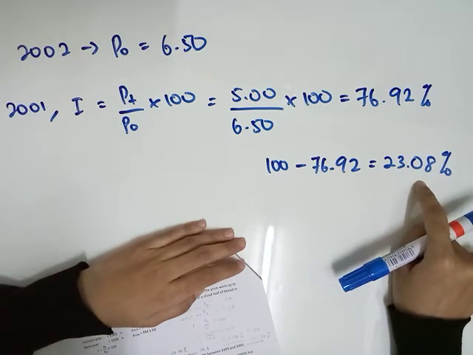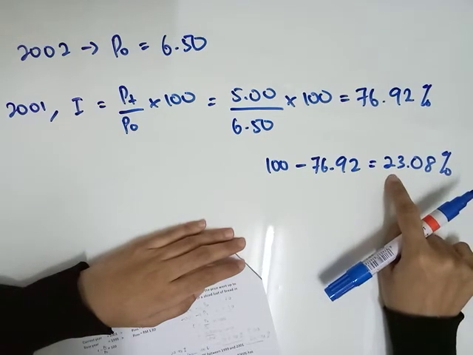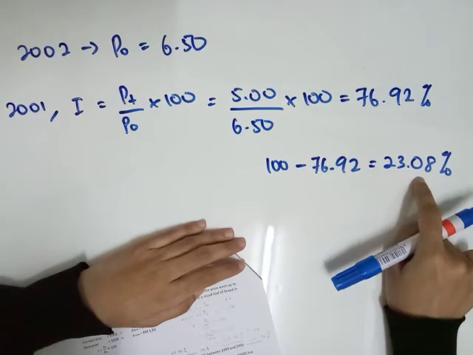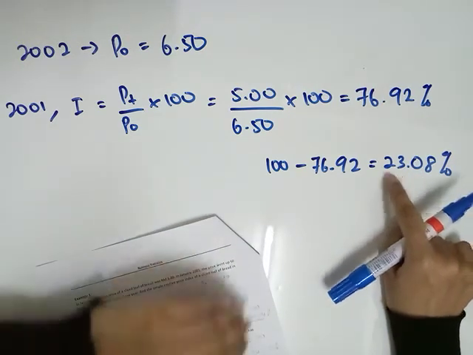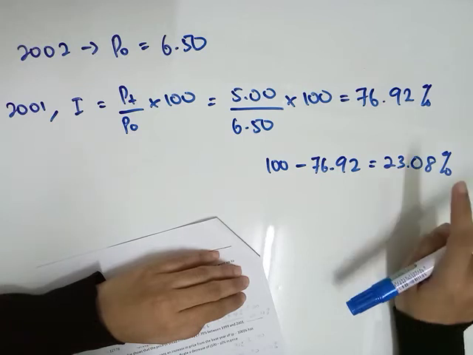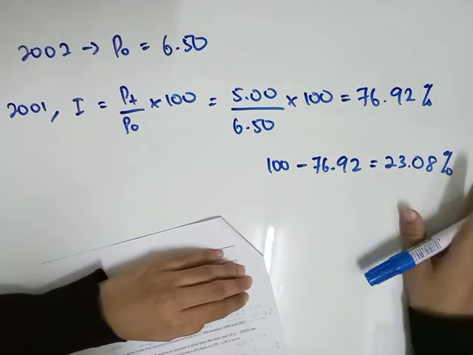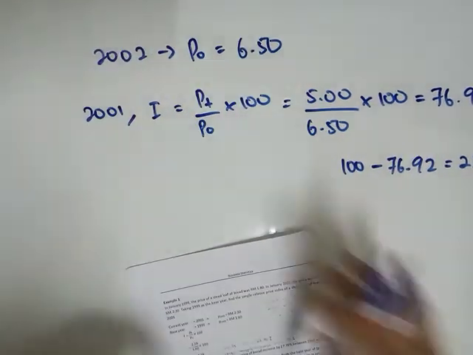Okay, decrease between the base year and the current year. Okay, yang ni yang kita nak. Okay, how many percent the decrease? Okay, decrease by 23.08%. Sorry, it is decreased 23.08% from the base year and the current year. Okay, boleh faham tak? Sorry, saya tak berapa sihat hari ni.